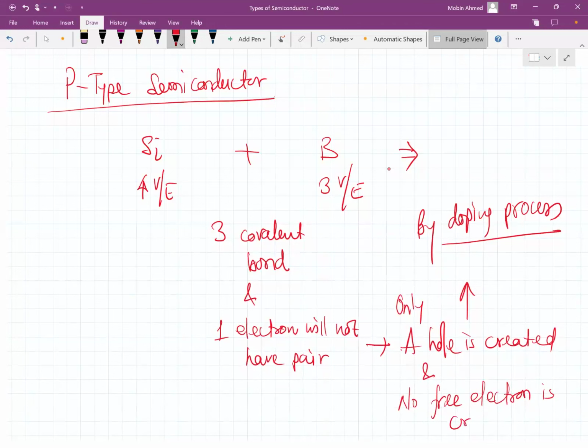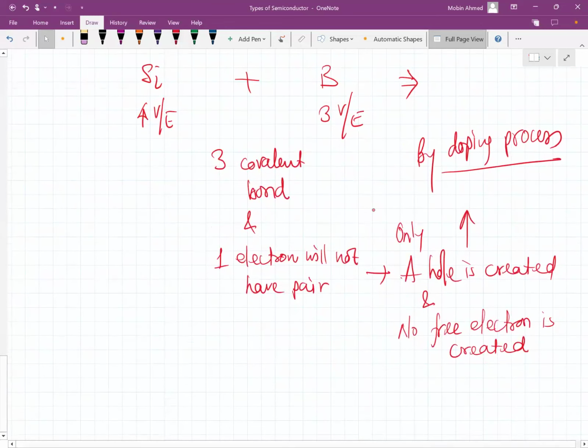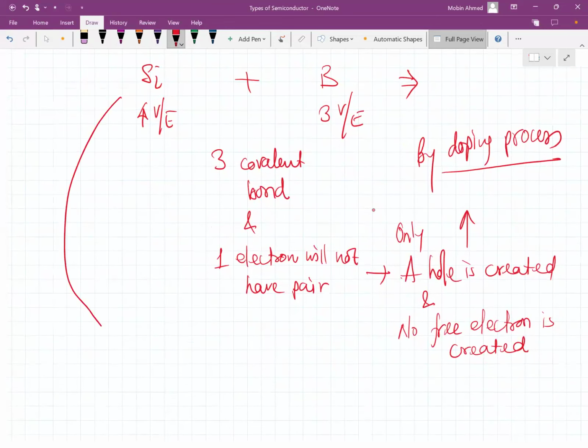Is created. Then from where is the free electron coming? Yes. If this mixture of silicon and boron, we can say silicon boron mixture or semiconductor, is at room temperature, then the valence electrons are going to acquire energy and some of the electrons will move to the conduction band.